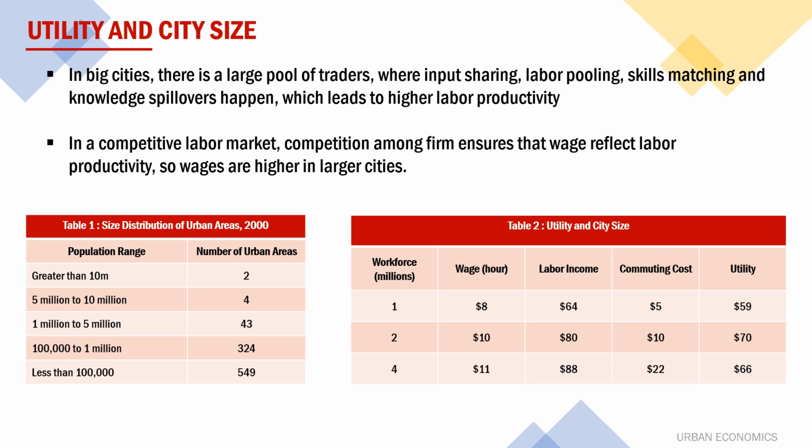Moving from a city of 1 million to a city of 2 million, the increase in income from higher productivity is large relative to the increase in commuting costs. So the utility increases from 59 to 70. Okay, and it is also shown in the next figure.